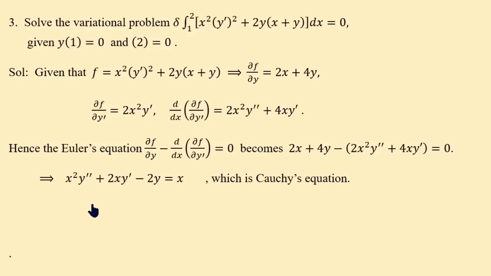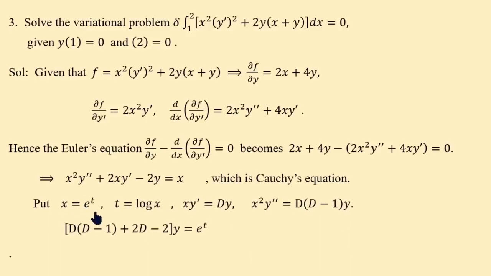So x square y double dash is D into D minus 1 y, plus 2 into xy dash is 2Dy, minus 2y equal to x, which is e power t. D square minus D plus 2D is plus D square plus D minus 2 y equal to e power t.